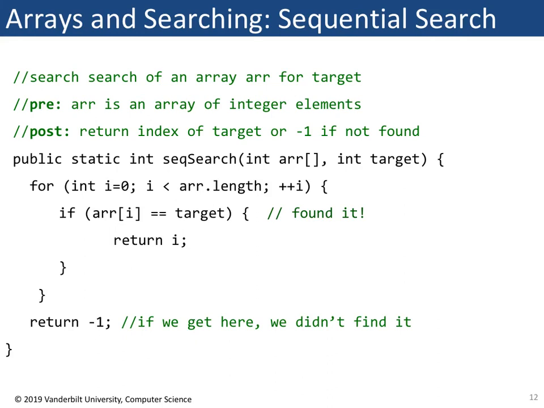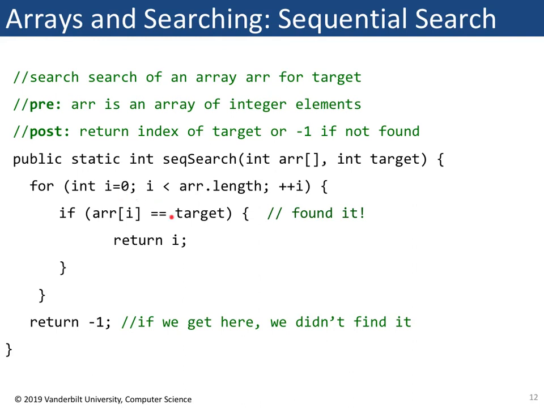Then we are going to check to see if element I of the array is equal to our target. Now in our contains method, we returned the value true if we found an element equal to target. However, in this case, we're going to return I, because that will be the index of this particular element.